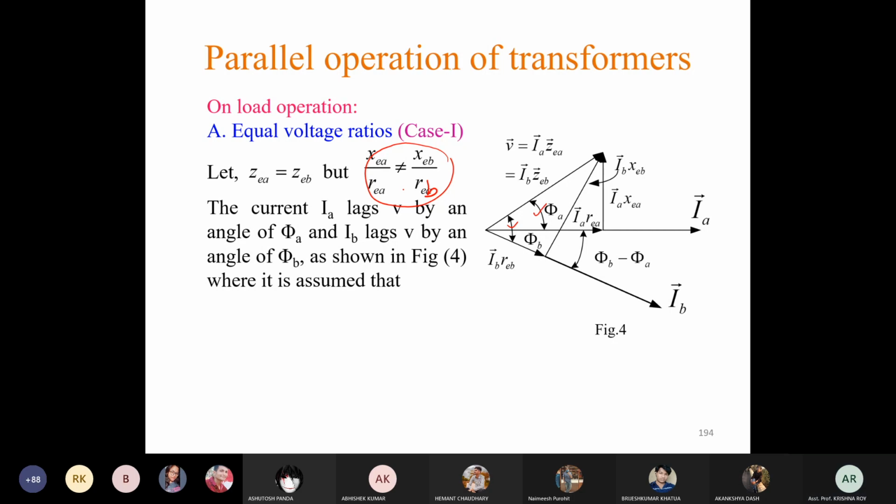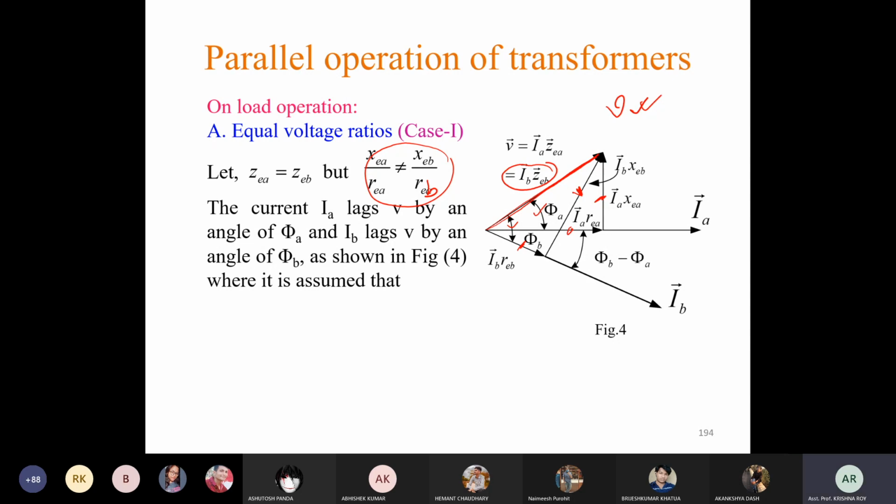But the voltage drop, for transformer A, this resistive drop and this reactive drop, the resultant of these two gives the total leakage impedance drop, that is V. And for transformer B, that is the resistive drop this line and reactive drop this line. The resultant of these two gives the voltage drop, which is also V. Okay, so this line is the same.